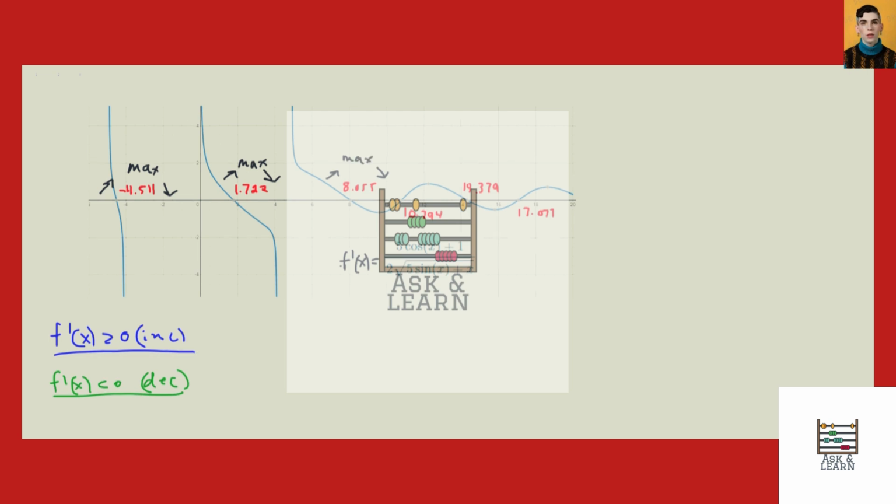And now our next point, well, now this one's going to be a minimum because it's decreasing into the point and then increasing afterwards. So min, our other point, well, it's increasing into it and then decreasing out. So this is going to be a max. And then our other intercept here, well, it is decreasing to the left, increasing to the right. So that means we have a minimum here.